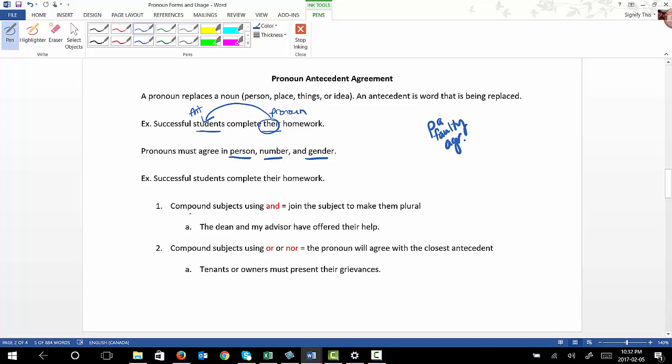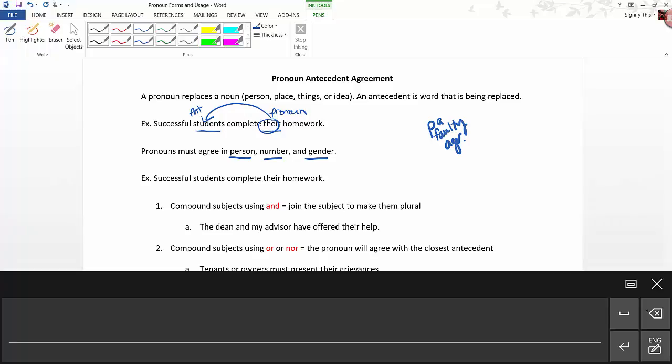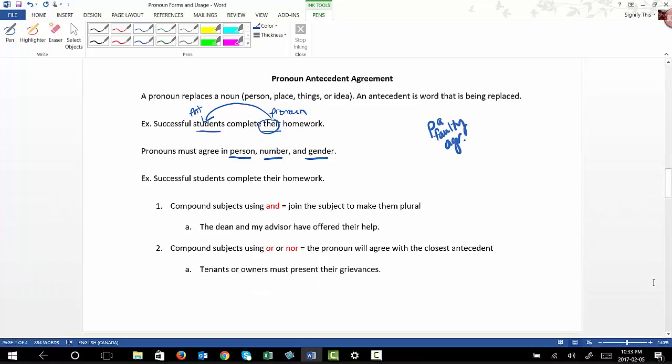So here we come into some rules. When you have a compound subject using and, join the subjects together to make them plural. Okay, anyways, let's go back to inking.